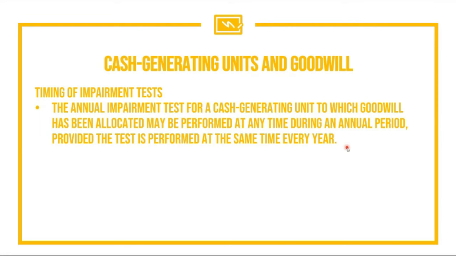So you can do it anytime during the year for as long as you're going to do it on the same time period during the succeeding periods. So meaning, if you did the impairment testing in July this year, next year you will also do it in July. If you did it at third quarter this year, you also do it third quarter of the succeeding year. So that we can have a better comparability of the information. Okay?